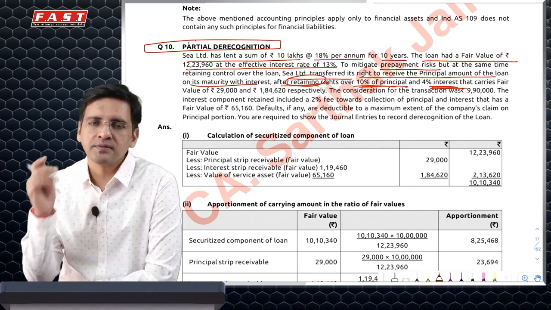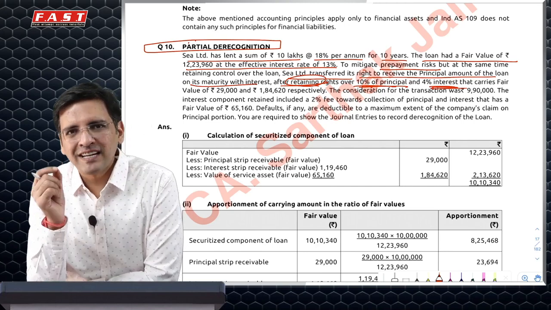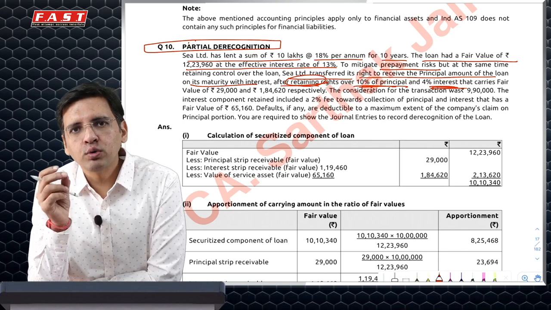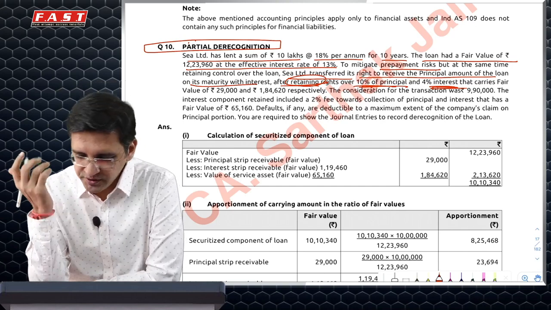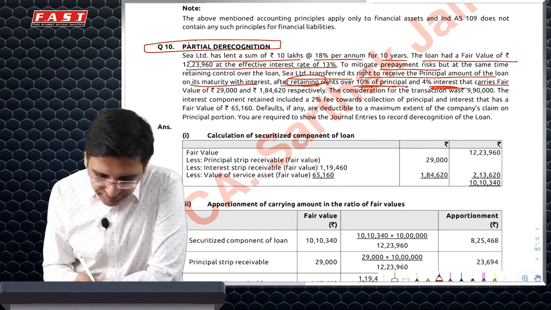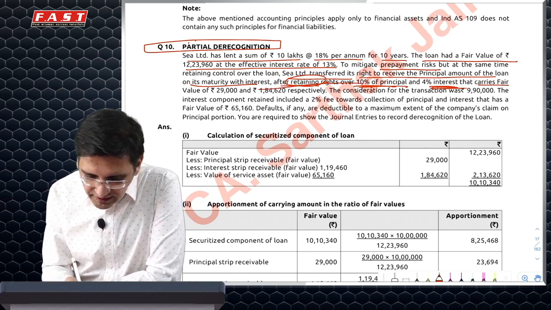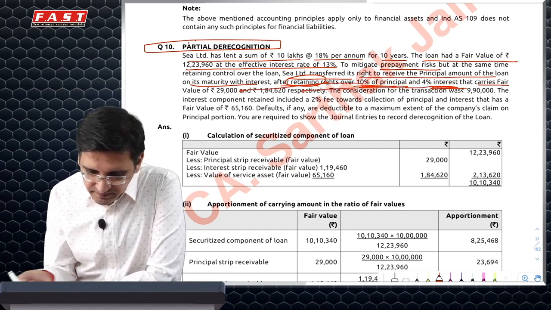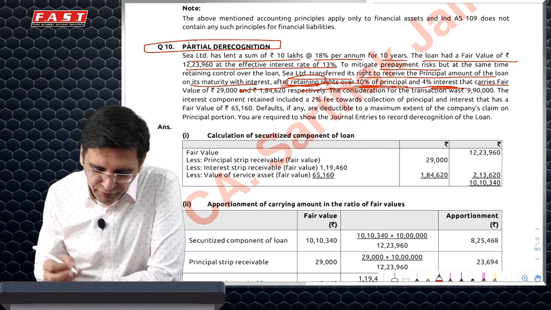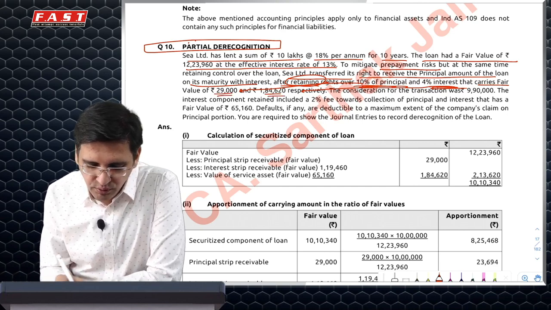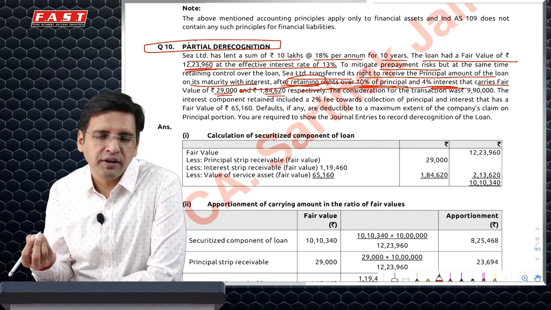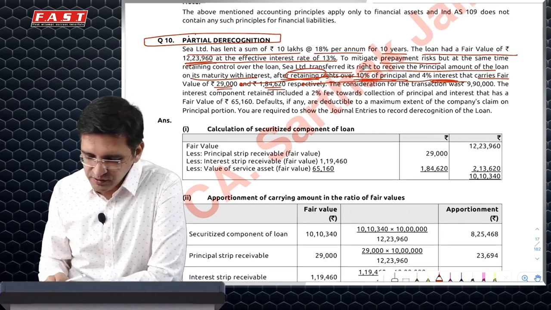Partial derecognition applies because, one, you have sold specific cash flows, which is interest and principal, and two, not completely, but in percentage, a proportionate amount. And the fair value of the portion which I have retained is given. So if you know the fair value of the retained portion, you know the fair value of the total portion. Obviously, the fair value of the portion sold will be the difference of this.